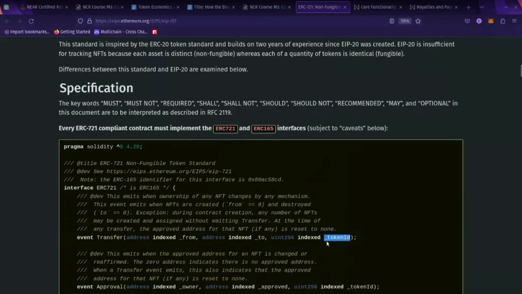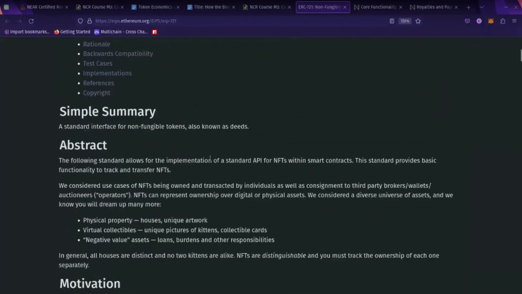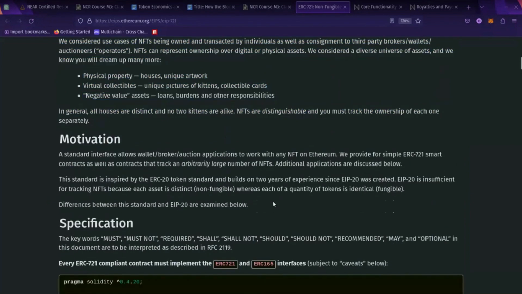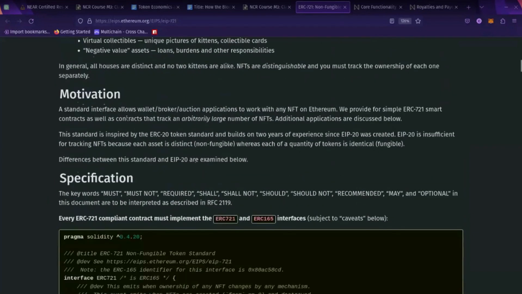Every blockchain arguably has a similar setup, and this is how the events are handled. But what is useful to go through right away is the abstract and the motivation. I'm going to stick with the motivation for now. The standard interface allows wallet, broker, and auction applications to work with any NFT on Ethereum.